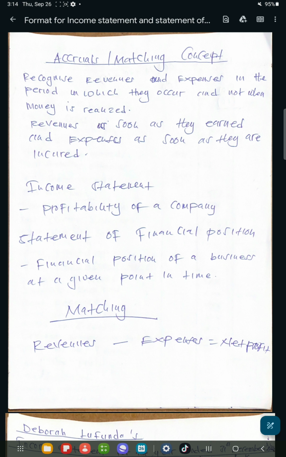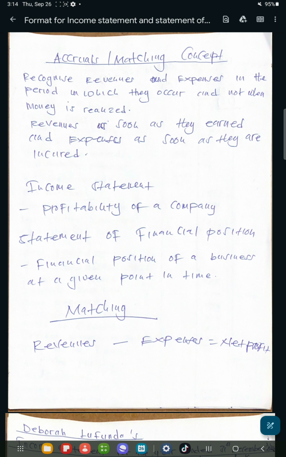So it's very important to know the uses of the income statement. The statement of financial position is prepared in order to determine the financial position of a business at a given point in time. That's why we prepare this statement.